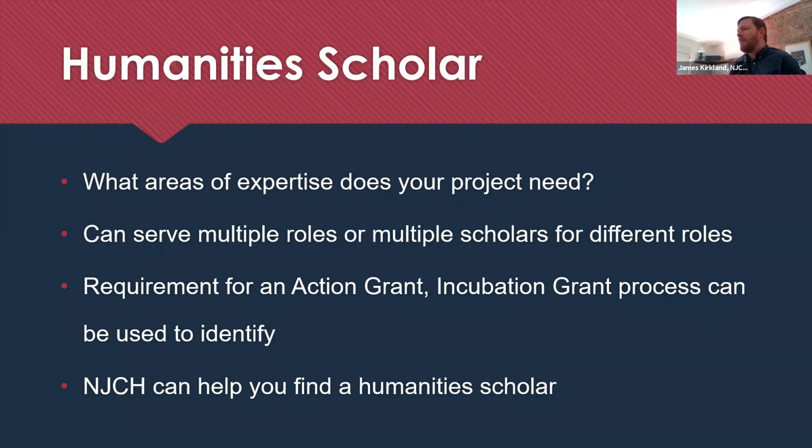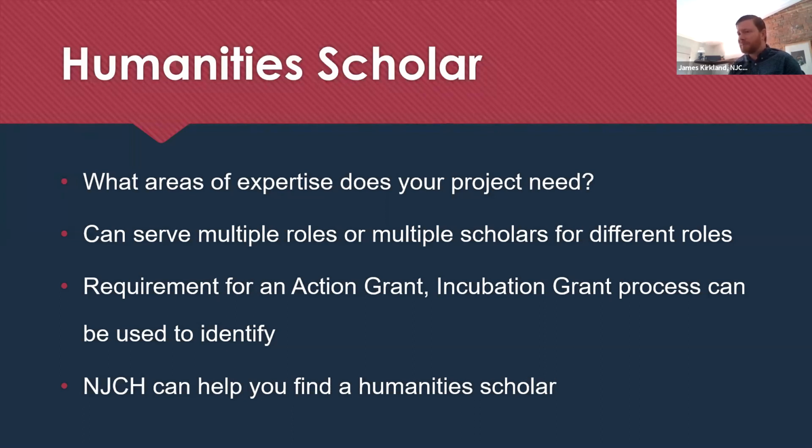If you do not have a humanities scholar identified in the incubation grant, really what we're looking for is, can you articulate the skills and expertise that you're looking to bring in, and identify the process that you would use to identify this person? Can you clearly identify what you're looking for and how you will identify them?